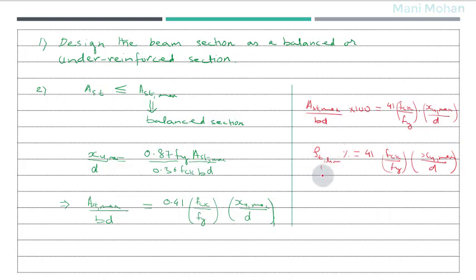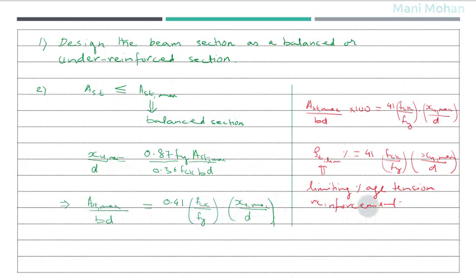So rho T lim is your limiting percentage tension reinforcement. I can compute the limiting percentage tension reinforcement for a given grade of concrete or given grade of steel. Or you can compute Ast max, that is, maximum steel or limiting steel, as per this formula.